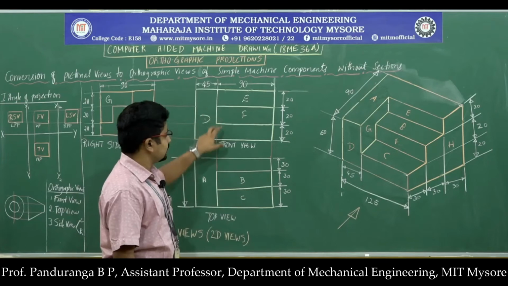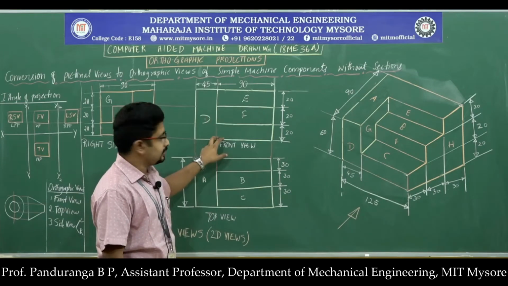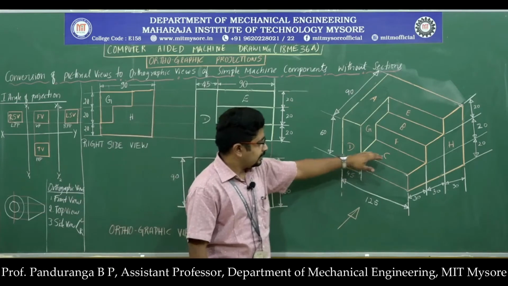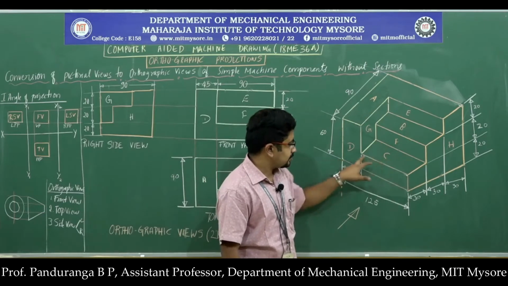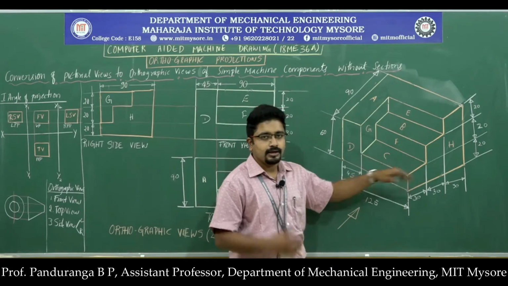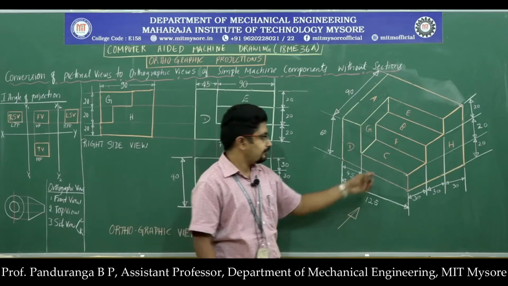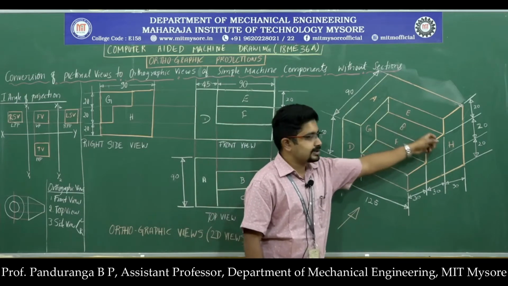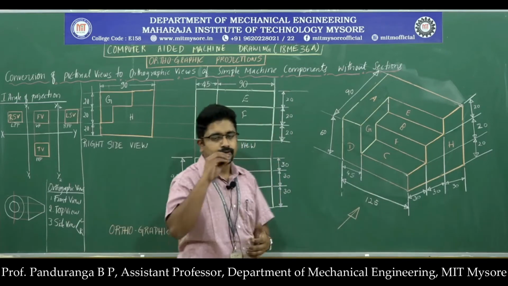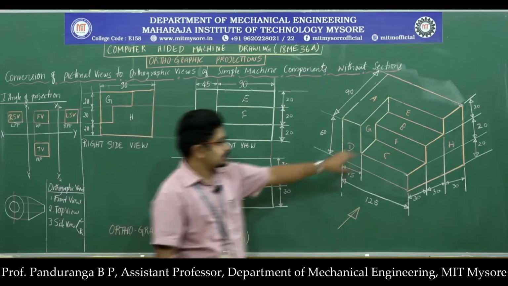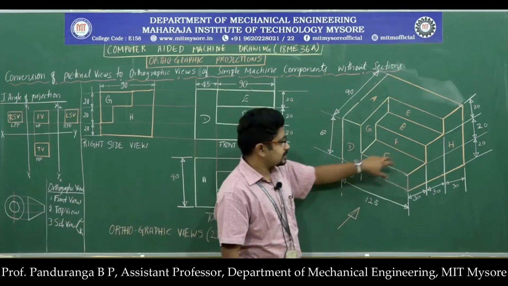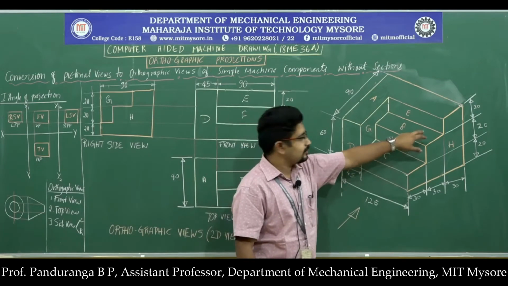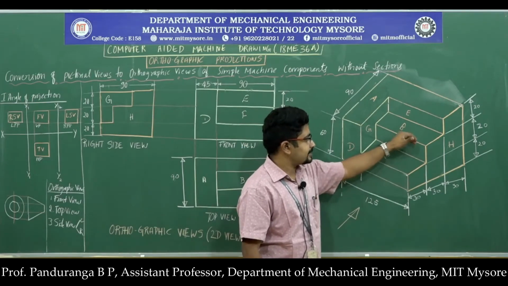So I have written a thin line here. First I will write a thin line here. Then now I need to draw these edges. So this edge and this edge will be one behind the other, so only the front edge will be visible. Again here these two edges will be one behind the other when you are looking from the front, so only this front edge will be visible. These two will be parallel to each other, and these two will be parallel, and all these lines are parallel to each other.